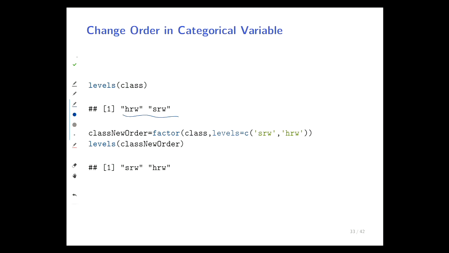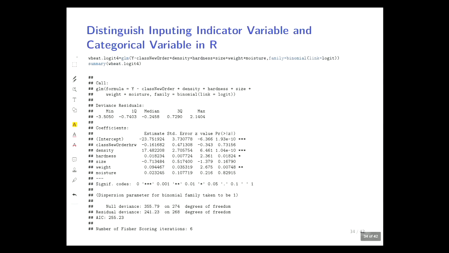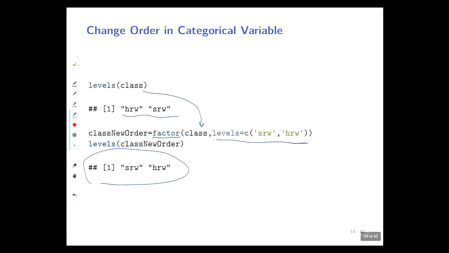If you use the factor function, you input the categorical variable class and also change its order, and then you will have a different order. Why do we need a different order? Because we need to change the baseline level. Now the baseline level becomes SRW. The baseline level is always the first element of the levels function output.